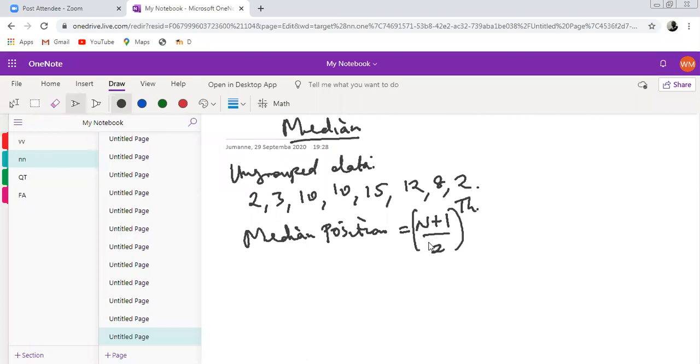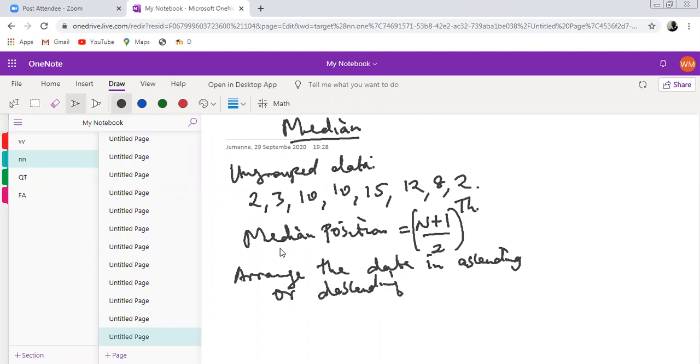It is the position of the median. But first, arrange the data in ascending or descending order. You cannot get the median from the data the way it is. You need first to arrange it so that we can get the position of the median.